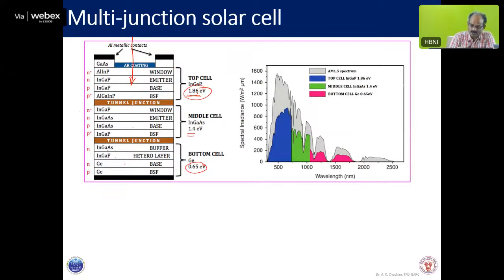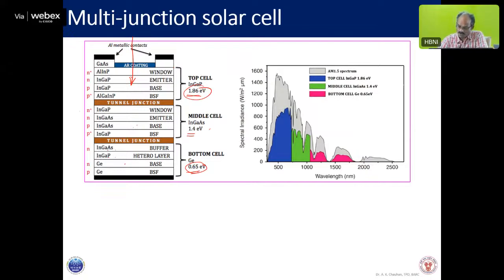So out of that remaining energy, up to 1.4 electron volt will be absorbed in this solar cell, and then at the bottom, which is germanium based with a very low band gap of 0.6 eV, whatever is left up to 0.6 electron volt will be absorbed.